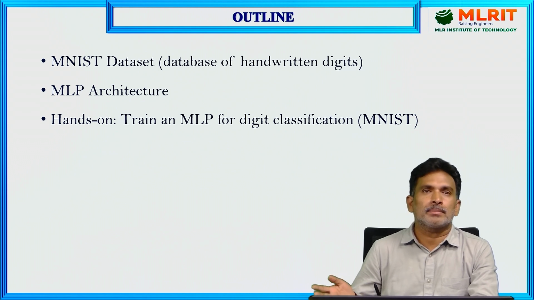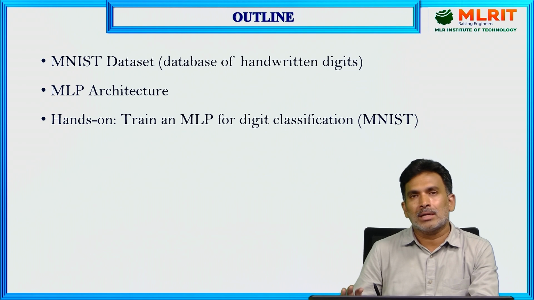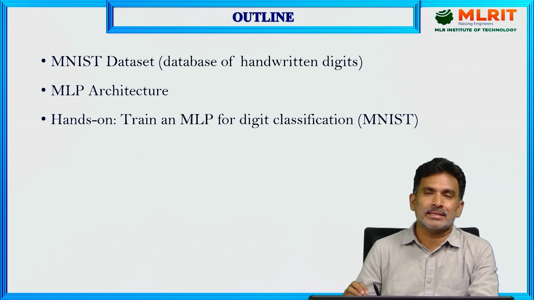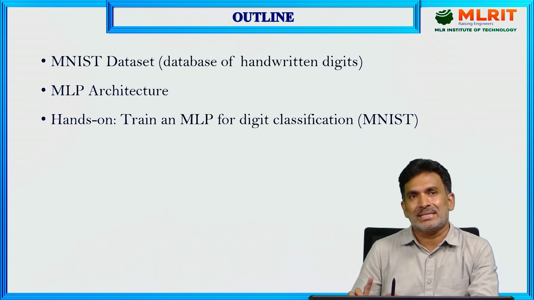The second part is a hands-on session, training a multi-layer perceptron for a handwritten digit classification problem. This is mainly useful for students and researchers who want to begin their career in deep learning research.